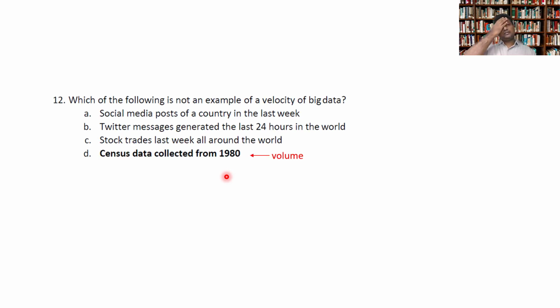Which of the following is not an example of the velocity of big data? Now, have you heard this term, big data? I think you have heard it many times now. Big data is all about a very large pool of data, which is collected over time and from many different sources.